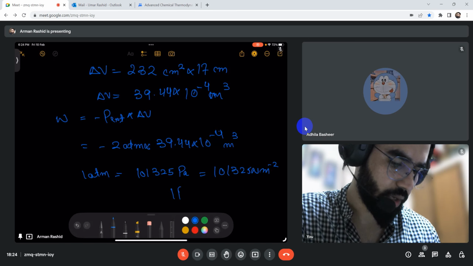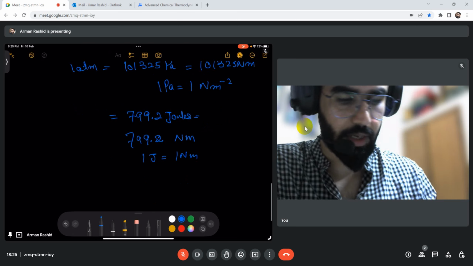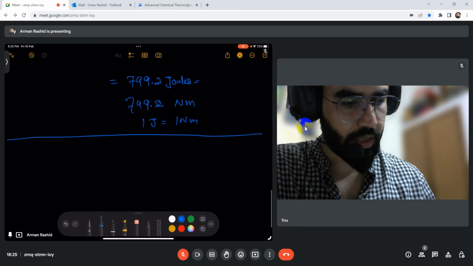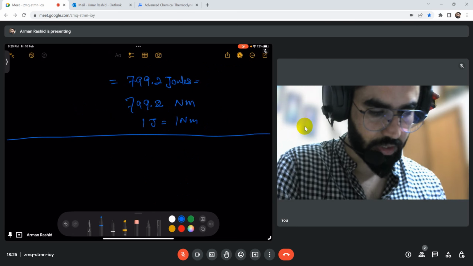Putting these values, we can calculate that the work done by this gas will be 799.2 joules, or 799.2 Newton meter, because 1 joule is equivalent to 1 Newton meter. So that is our second problem, and that was the answer.